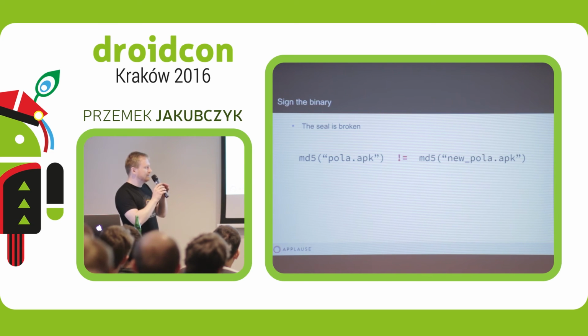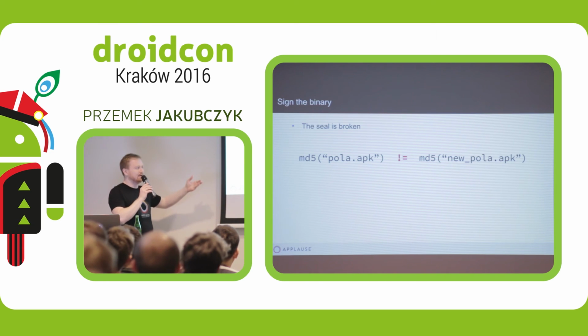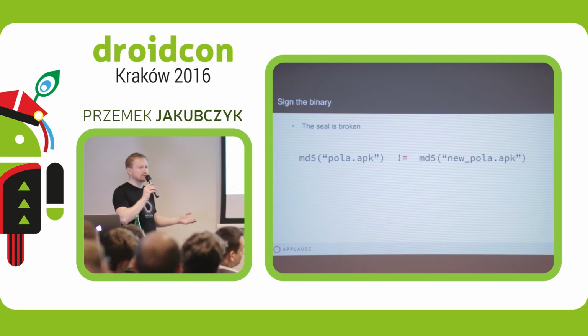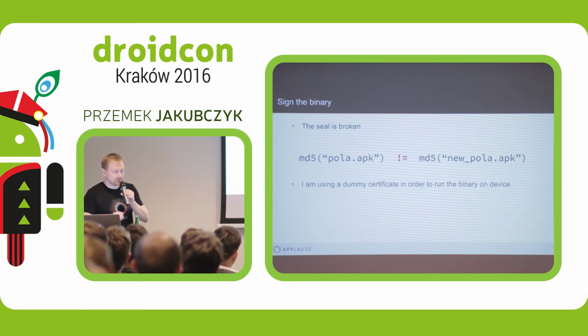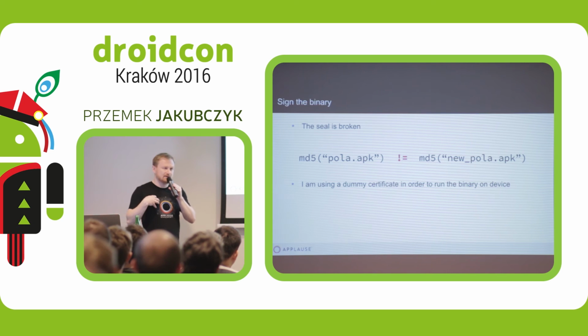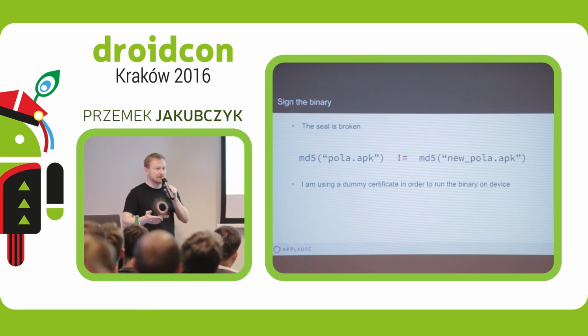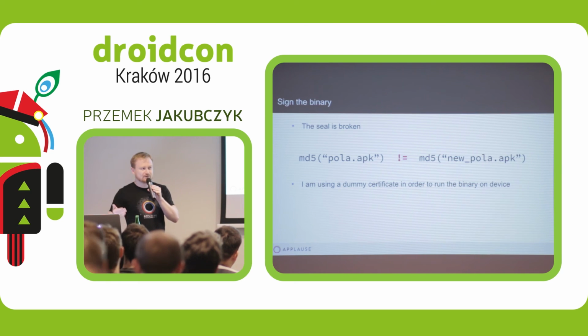In very short words, the MD5 signature is different, so the Google Play Store will of course drop the binary because it's not the same. That means we have to use our own dummy certificate to install the application, because the seal is broken and we need another certificate to run it on the device.